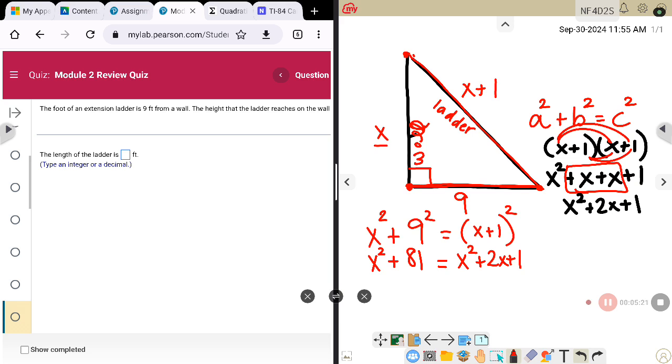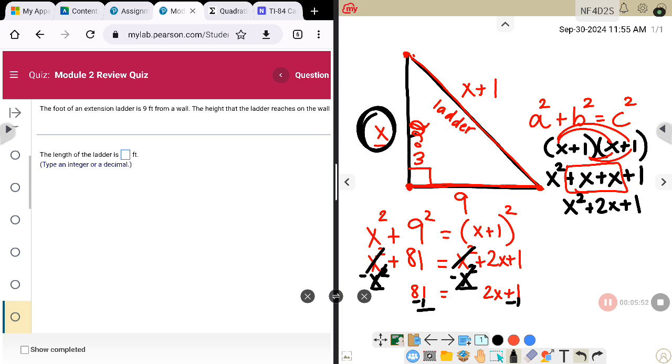Now, you'll notice that you have x squareds on both sides of the equation, which means you can cancel them both out by subtracting x squared from both sides. Once you do that, you're going to have 81 on the left side and 2x plus 1 on the right. So now I just need to solve for x. I'm going to get the x by itself by subtracting 1 from both sides.